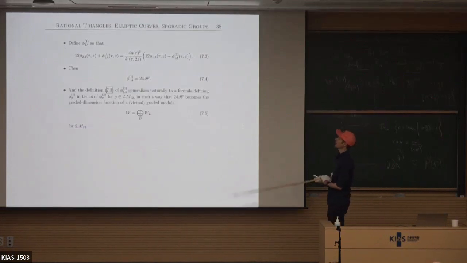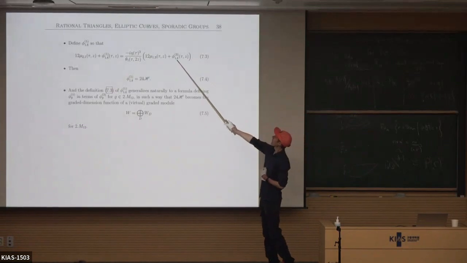All right, and the magic is that this is the graded dimension, the generating function of dimensions of some M12 modules. So we can move along the character table.